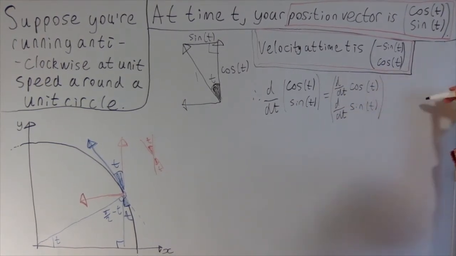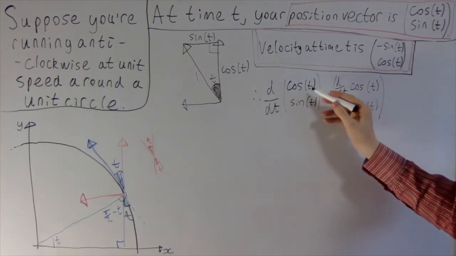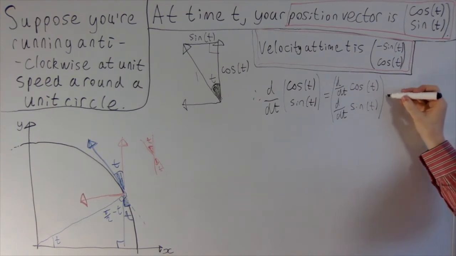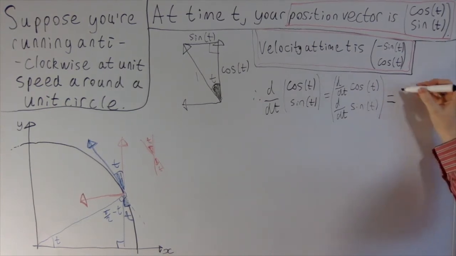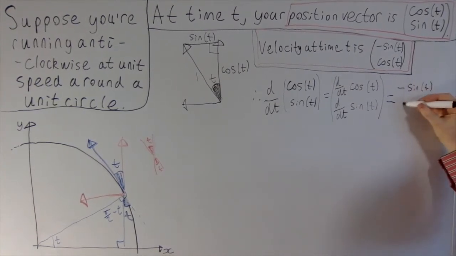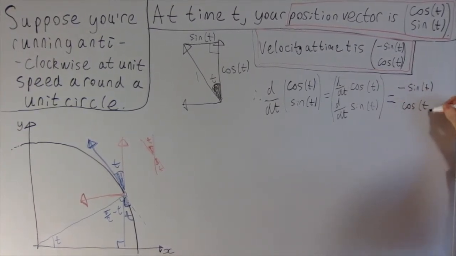The derivative of our position vector is just the same thing as the velocity vector. So we know that this is equal to minus sine t, cos t.